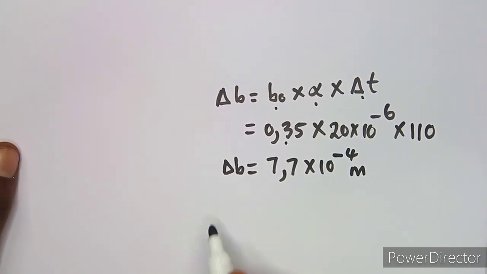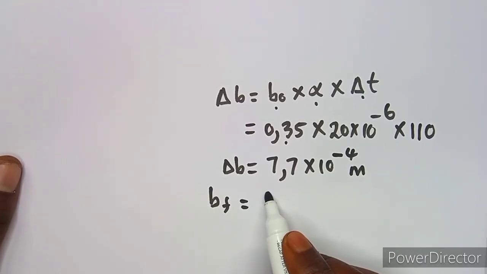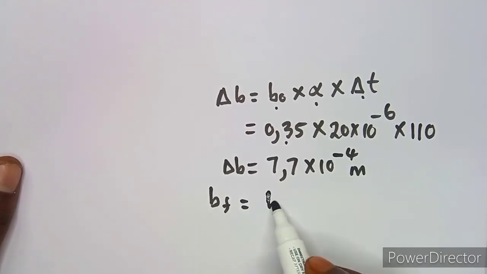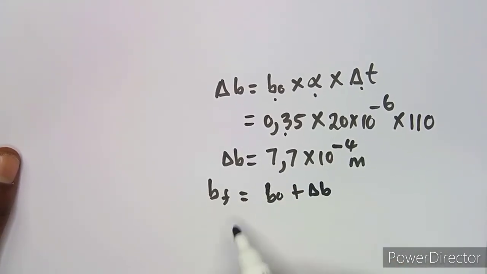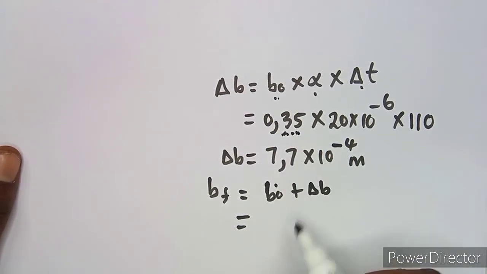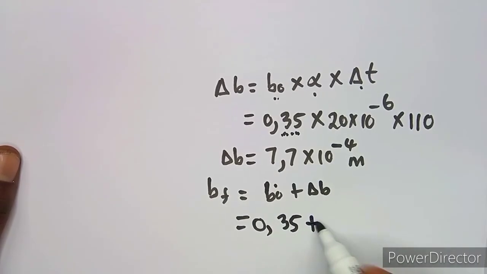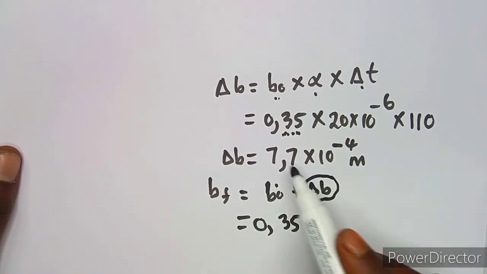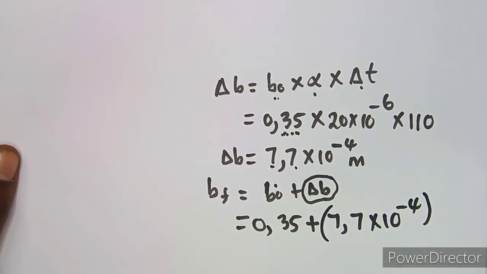Okay, but I want to find the final breadth, which is the final dimension for the breadth. It's going to be the original breadth plus the change in breadth. This is the new dimension now. What is our original breadth? The original breadth is 0.35, or you can take it from the diagram, plus the change in breadth, which is 7.7 times 10 to the exponent of -4, a single term like that.